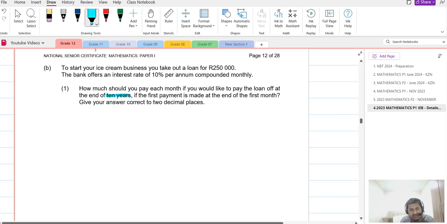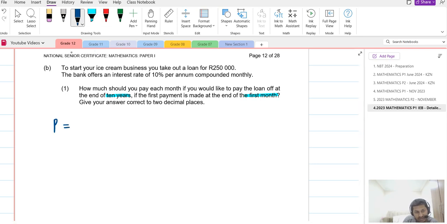If the first payment is made at the end of the first month, so normal formula, we're going to say P is equal to X into 1 minus (1 plus i) to the power negative n, divided by i. That's the formula you should be using.